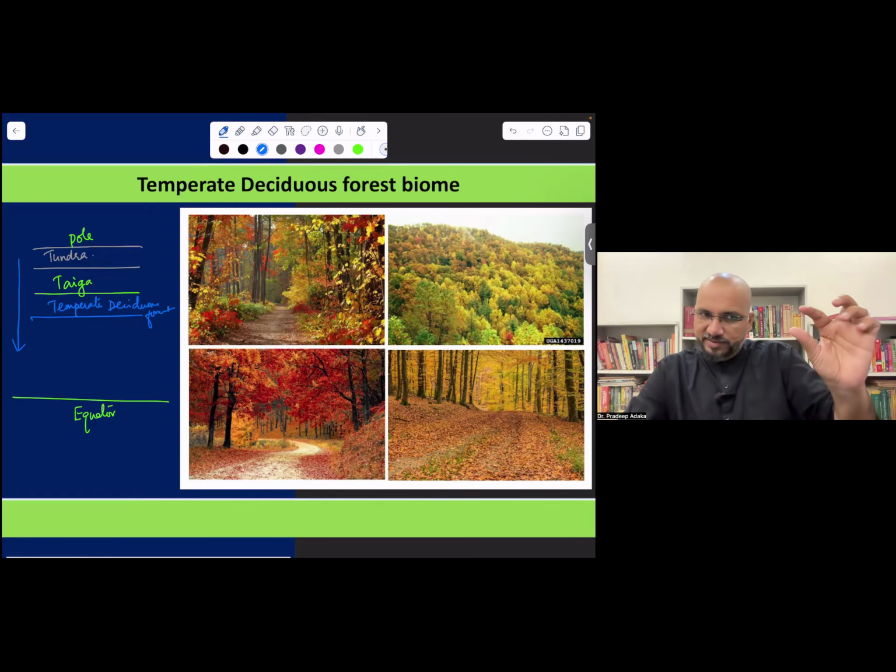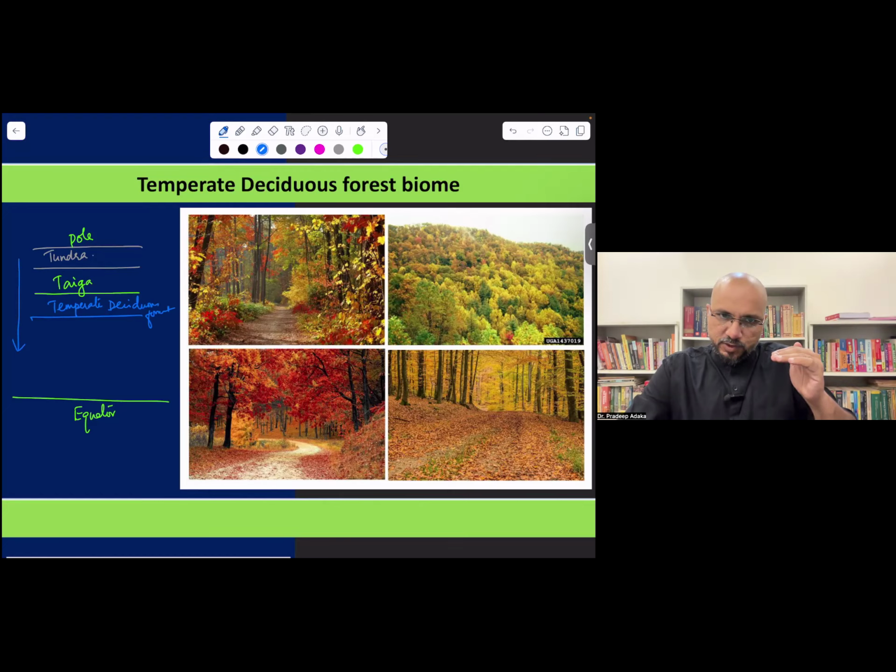Tundra biome we have seen. If you go a bit south from the tundra biome towards the lower latitudes, you will get taiga biome. From there, if you go a bit south towards the equator, you will have temperate deciduous forest. Now, are you getting the location of this forest?